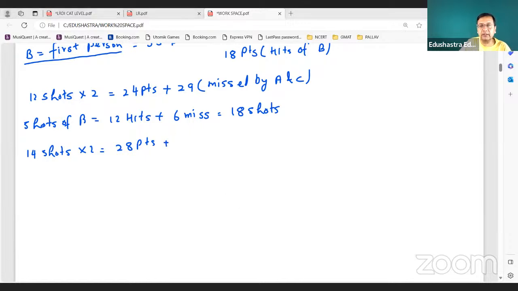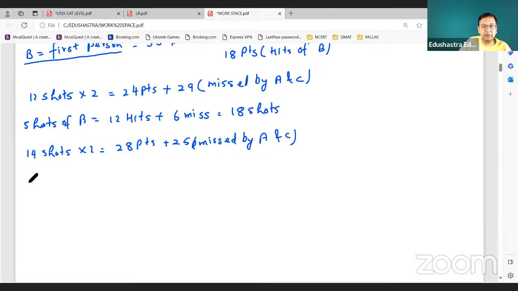And how many are needed by missed from others? That is 25, right? 25 points. So 25 points are what? That is missed by A and C.